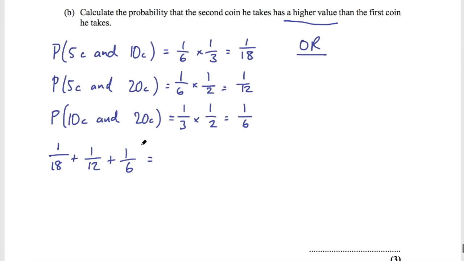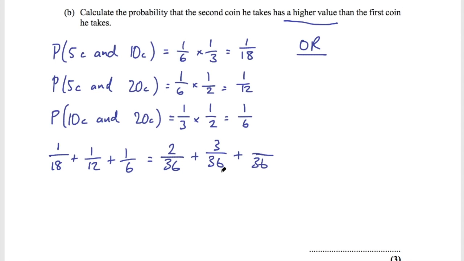And we just need to change the denominators so they all have the same denominator, then we can add them together. So the lowest common denominator here is 36. 18 goes into 36, 12 goes into 36, and 6 goes into 36. So if we multiply 18 by 2, we get 36, plus 12 times 3 is 36, so it's going to be 3 over 36, and then 1/6 out of 36.